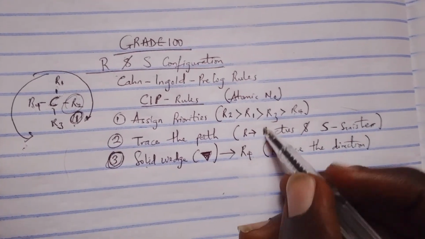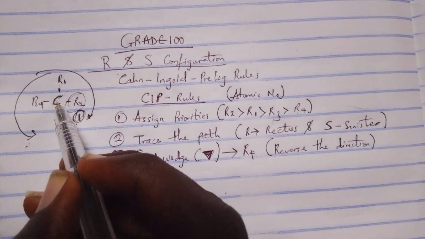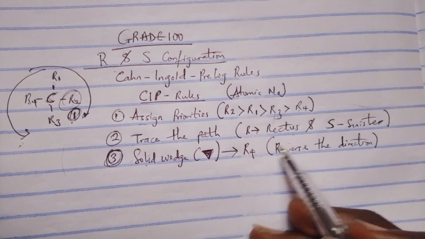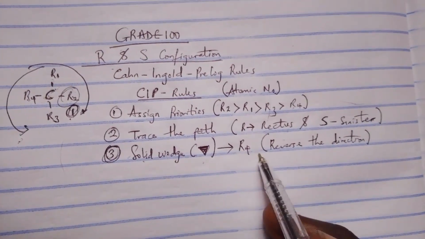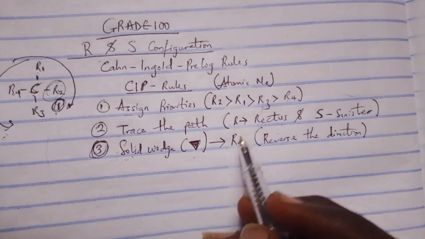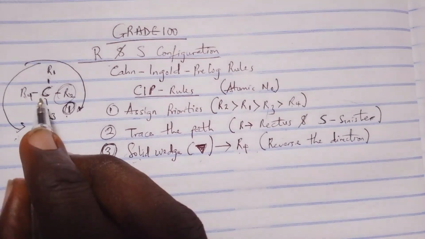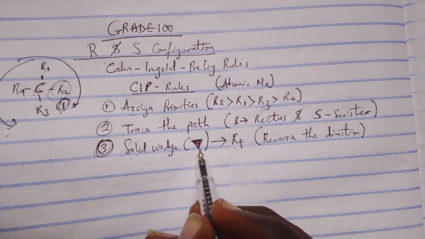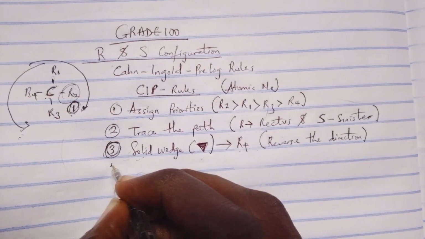Had it been R before, that is, the chiral carbon is R configuration, rotating the plane polarized light in a clockwise direction, and you see that the lowest priority is attached to this chiral carbon through a solid wedge, hence you reverse the case. We will look at an example to check it out.